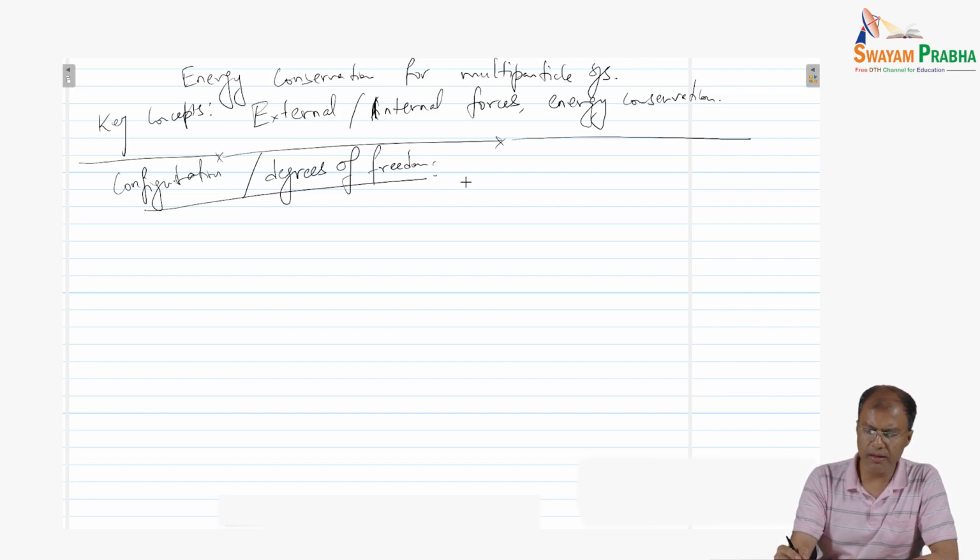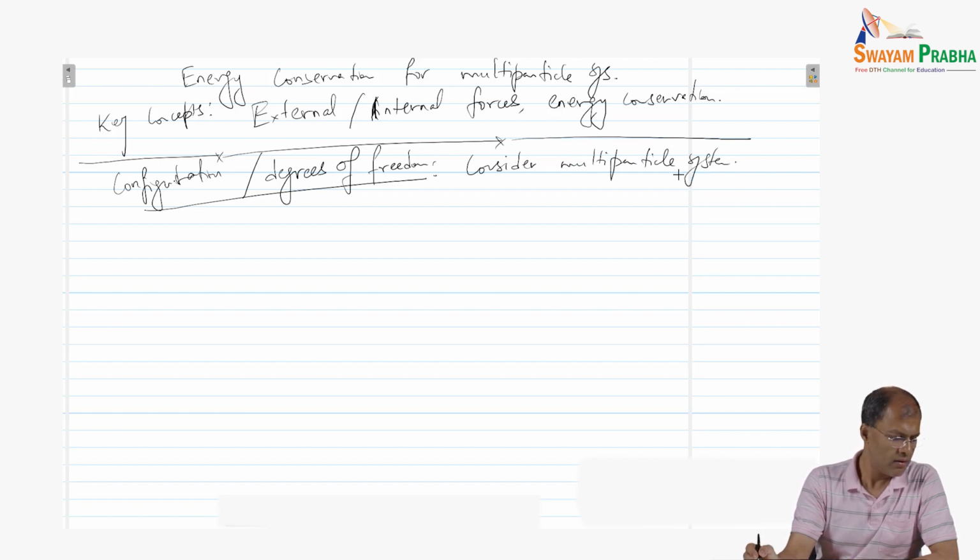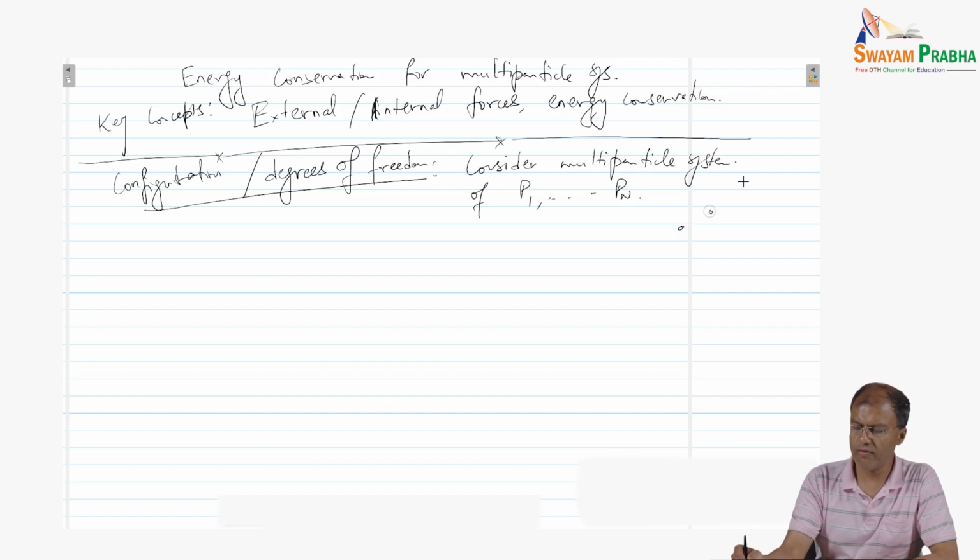So we consider a multi-particle system, right? Of particles P1, P2, Pn, right? So the setup is as follows. We have lots and lots of particles, and we are trying to find the eventual organization of the system of particles.